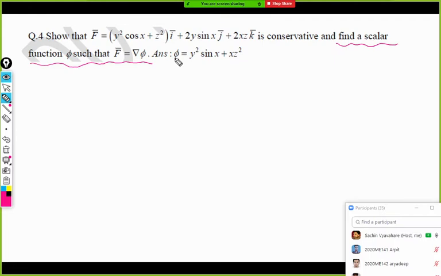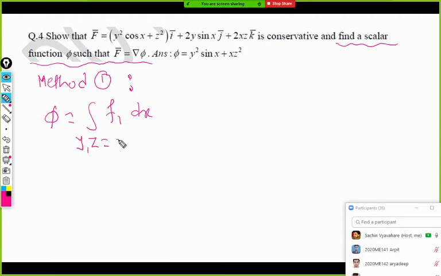So first, method number 1. In the exam you have to do it by only one of the methods. Our aim is to find the function phi such that f bar equals del phi. There is a shortcut formula to get such a function phi. Phi is equal to the integration of f1 dx, treating y and z as constant. This formula is already given on the slide of property 3 of curl f bar.